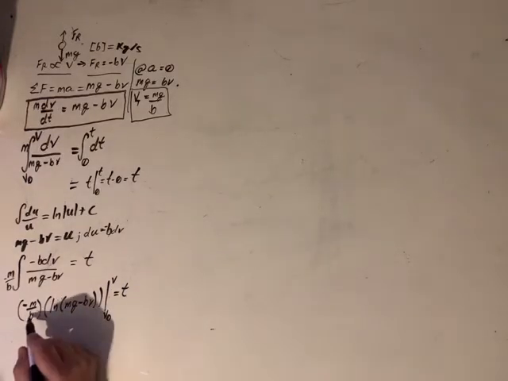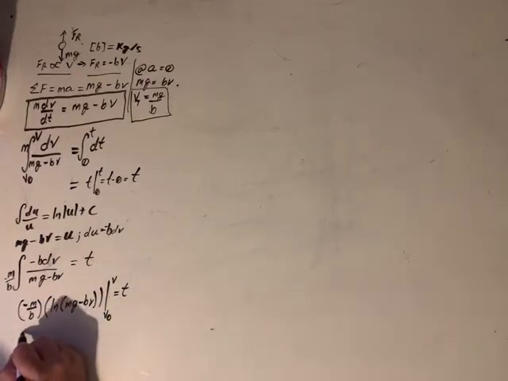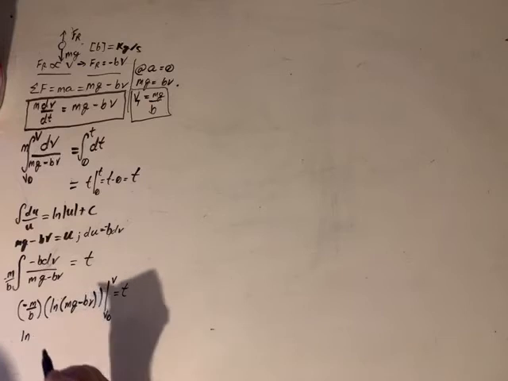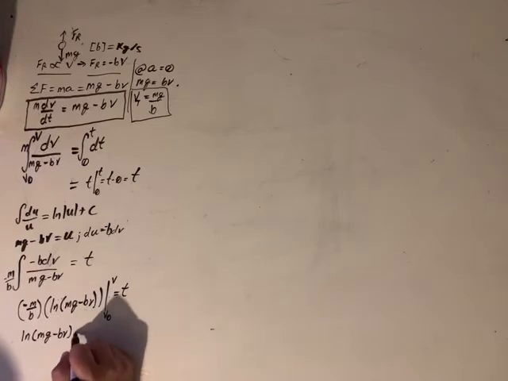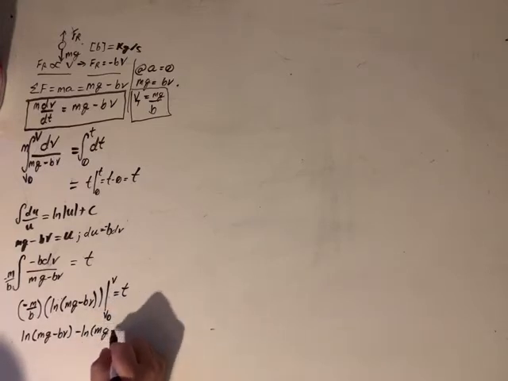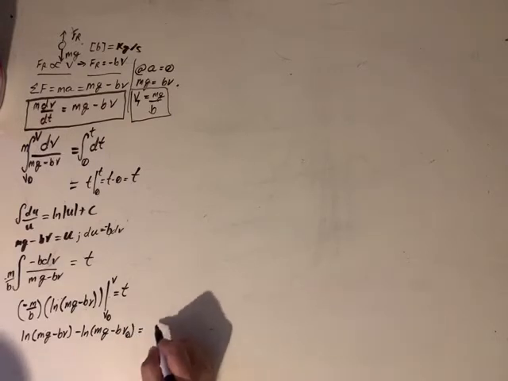And the first thing I can do is move this constant negative m over b to the right side, and I can say on the left side I have natural log of mg minus bv minus natural log of mg minus b v sub 0 equals negative b over m times t.